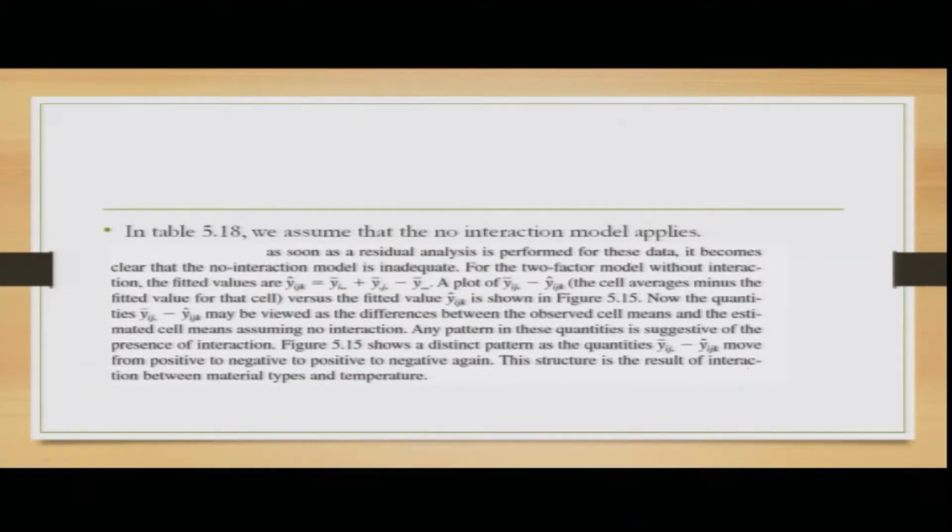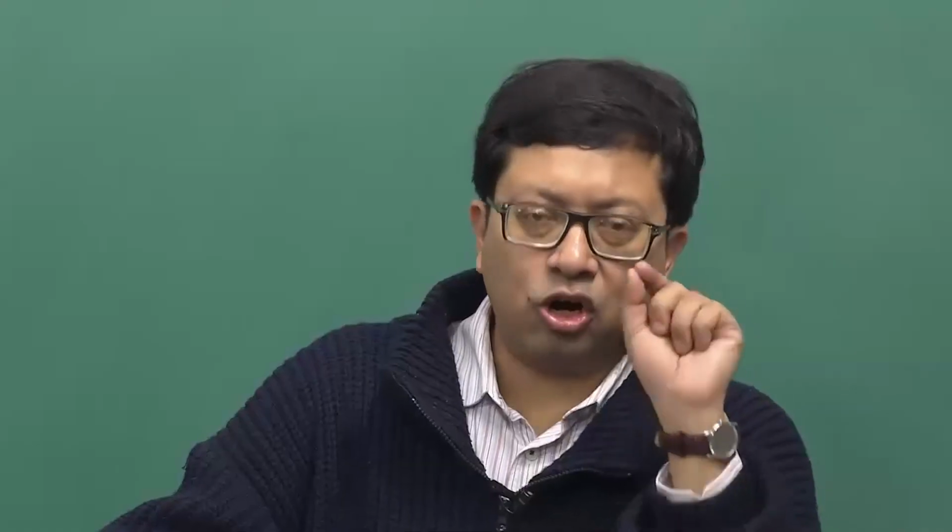As soon as the residual analysis is performed on this data, it becomes clear that the no interaction model is inadequate, because it will not be able to explain all the variations to the utmost level of accuracy. For the two factor model without interaction, the fitted values are as follows. I want to find the average of the average of the averages, which is mu hat, given by y bar dot dot dot.